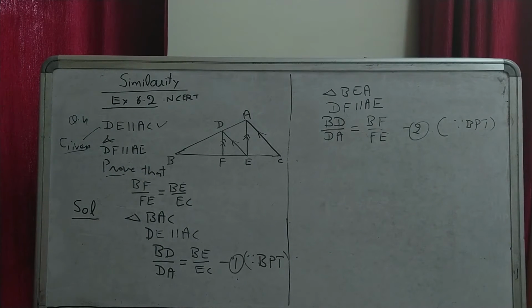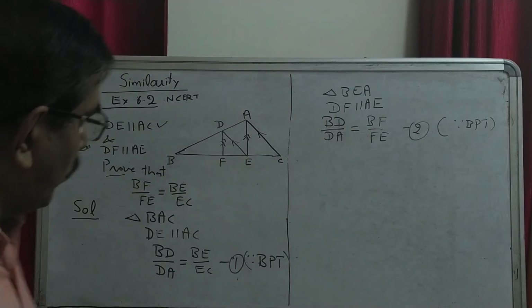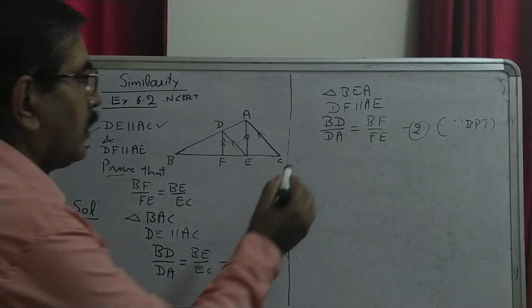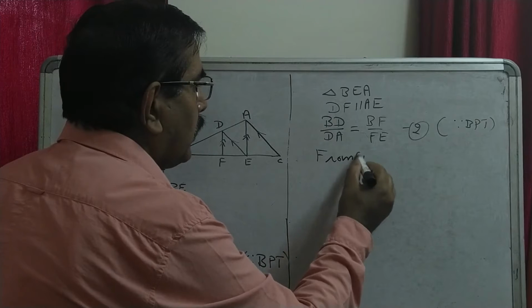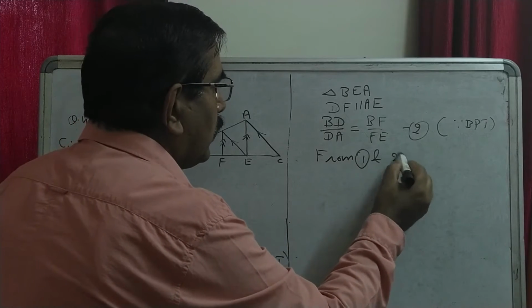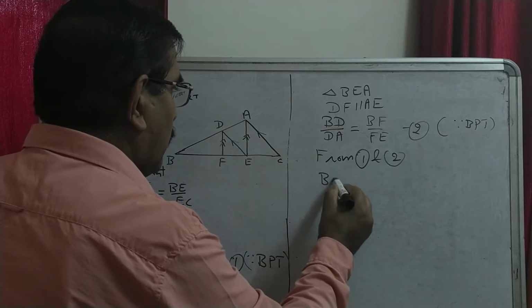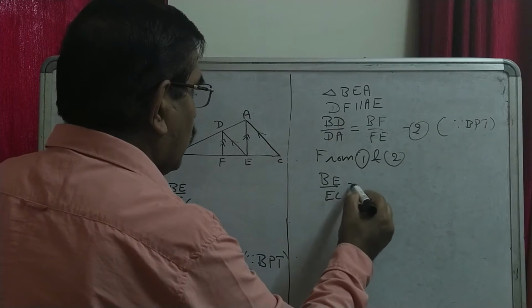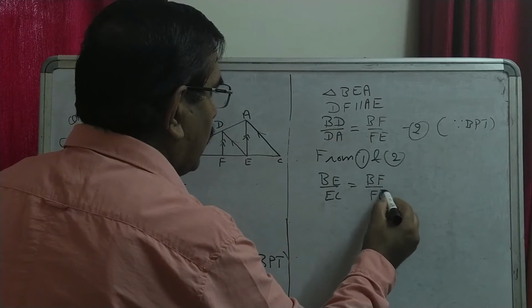Now children, if you clearly observe these two results, first and second, you find here BD over DA, here also BD over DA. So it is clear from 1 and 2, what you get? You get BE over EC is equal to BF over FE.